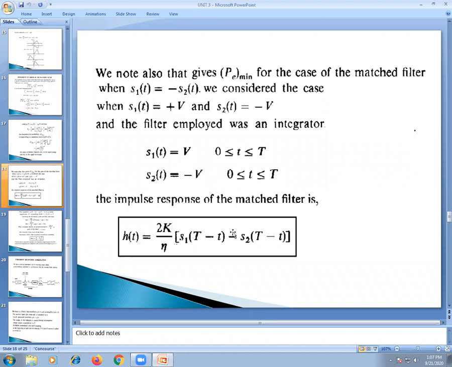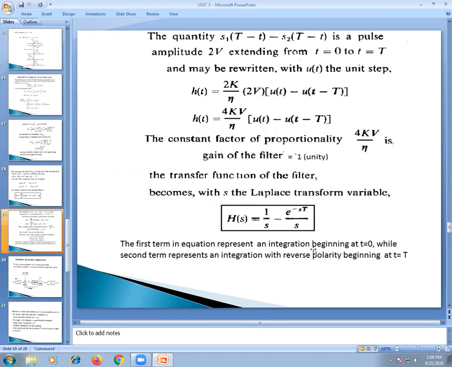So the impulse response of the matched filter is h of t is equal to 2k by eta s1 of T minus t minus s2 of T minus t. Is it not? So now here it is.